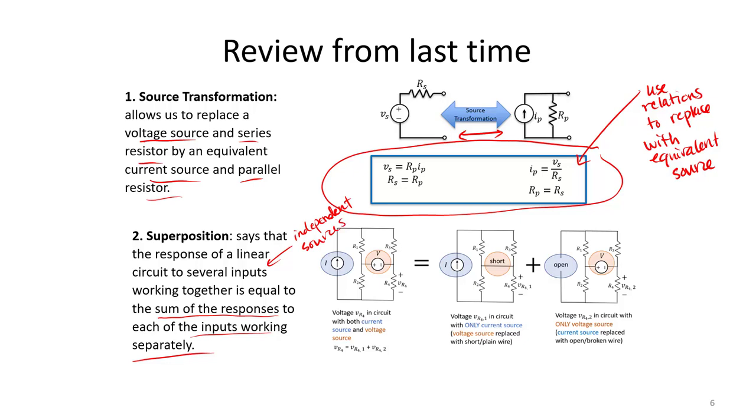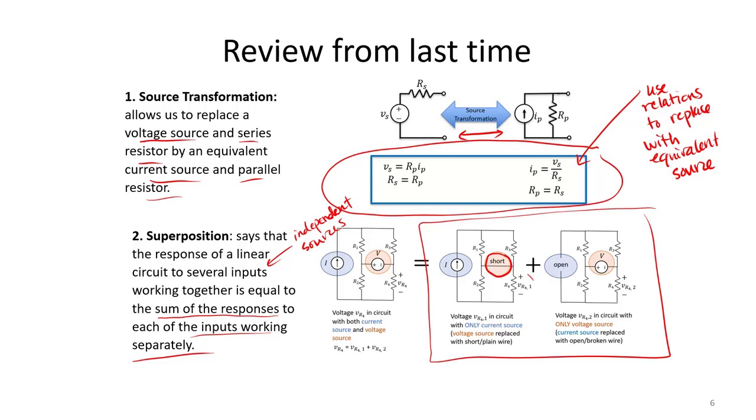And as we explained in our previous video, if we have a circuit that contains a current source and a voltage source, we can actually split that circuit into the sum, where we have a current source only, voltage replaced with a short, and voltage source only, current replaced with an open.